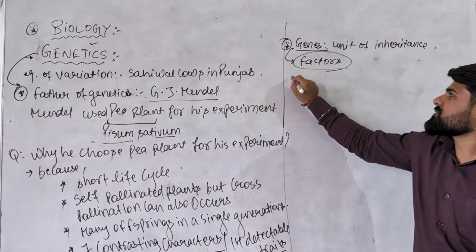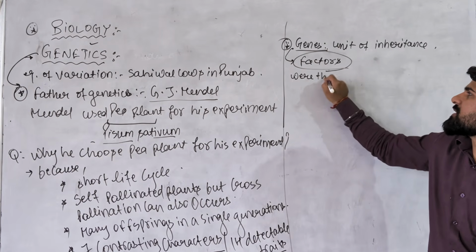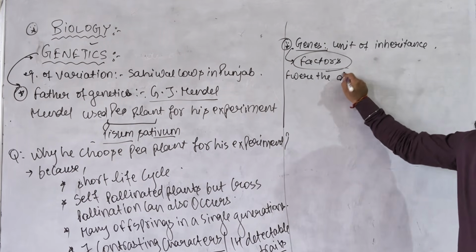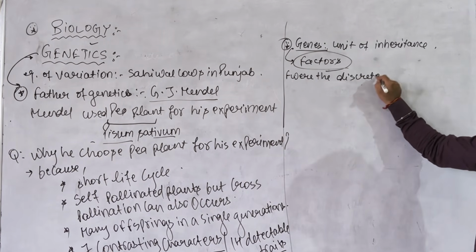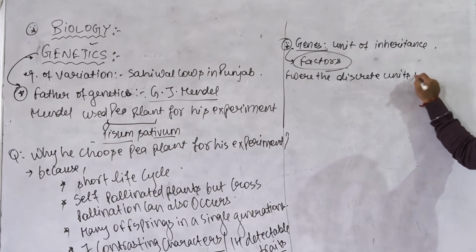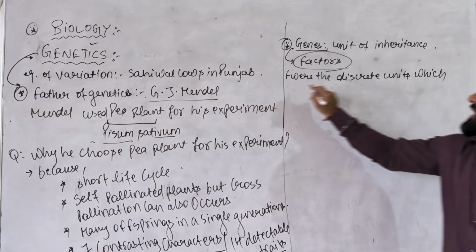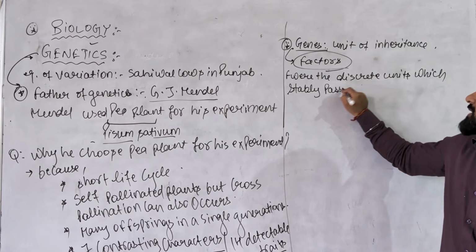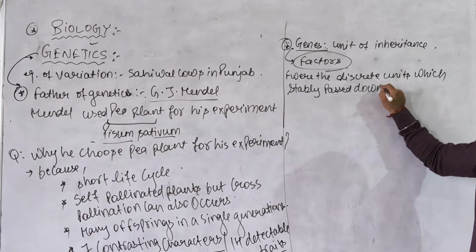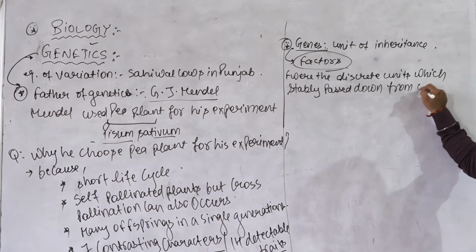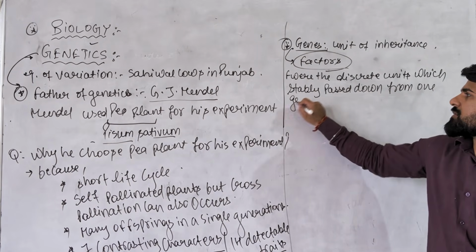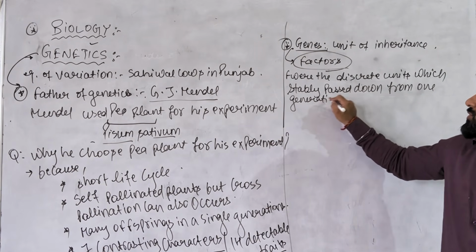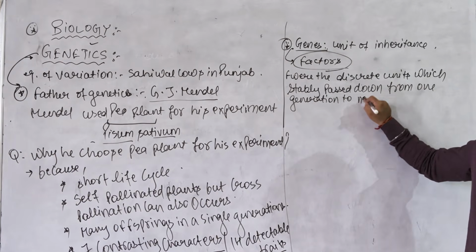So factors were the discrete units which stably passed down. कहां से कहां? From one generation to next generation.